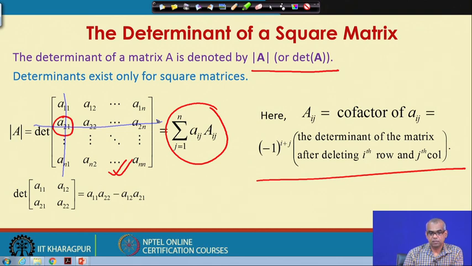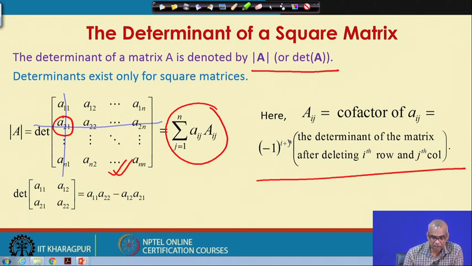Then the part of the matrix that is remaining, you form a determinant, and then the sign of that will be -1 to the power i plus j.